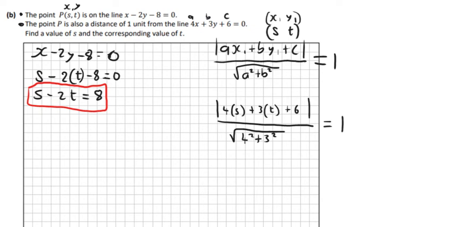On the bottom there, 4 squared is 16, 3 squared is 9, so add them together you get 25, and then the square root of that will be 5. So that works out nicely on the bottom.